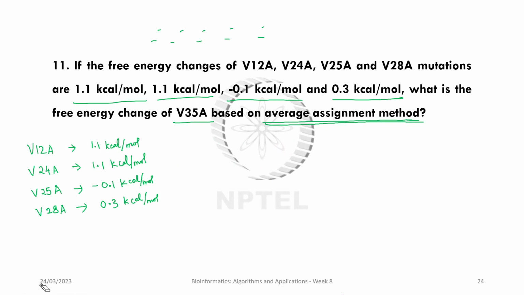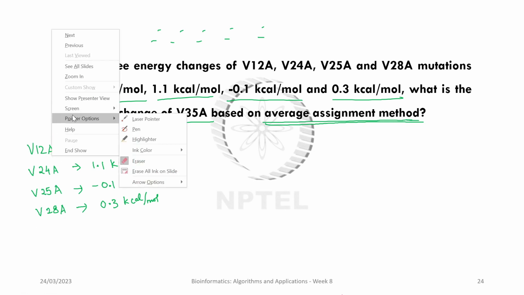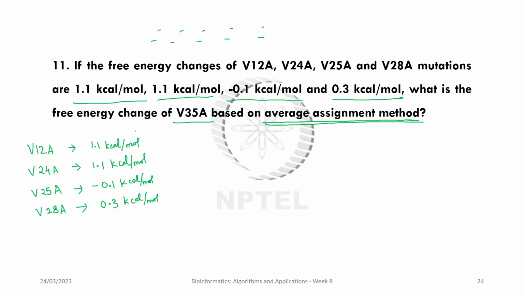So how should we do this? Just take an average of all four residues. So what will that be? 1.1 plus 1.1 is 2.2, plus 0.3 is 2.5, minus 0.1 would be 2.4 kcal per mole divided by 4. 6 4s are 24.